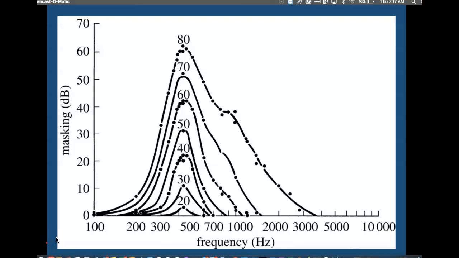So here we have the same concept shown in a different way. Here you have a masker, a tone that's at 400 and some hertz, and then there's a masking noise added. If you add a 20 dB masking noise, that's the amount of masking it provides.